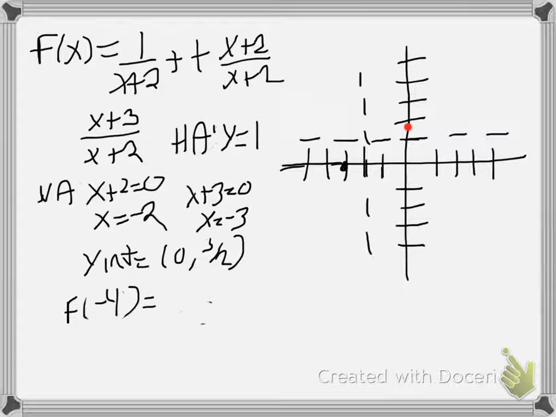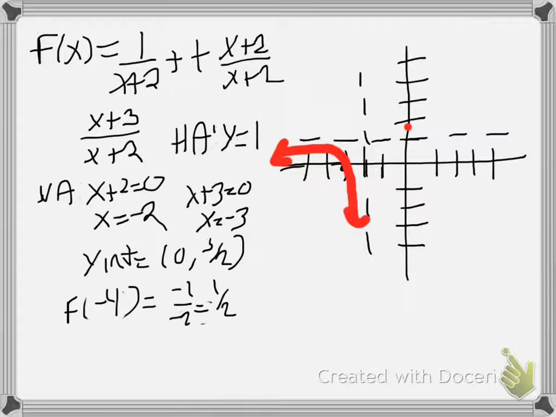So that's going to give me negative 1 over negative 2, or 1/2. So that brings me up here. So you can hopefully clearly see that now our graph is going to go like this.